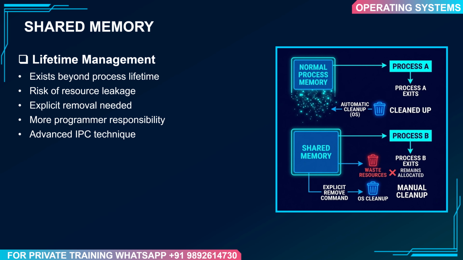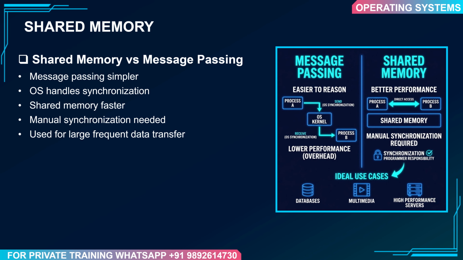It gives more control but also more responsibility. Let us briefly compare shared memory with message passing again. Message passing is easier to reason about because the OS handles synchronization implicitly through send and receive operations. Shared memory gives better performance, but the programmer must handle synchronization manually. In practice, shared memory is preferred when large amounts of data must be exchanged frequently, such as in databases, multimedia systems, and high performance servers.